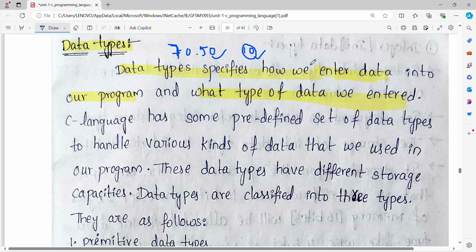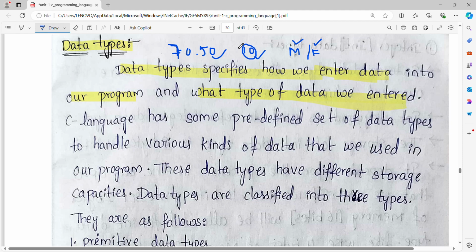Gender, like male, female, these are characters. M is a single character, F is a single character. So these are the different types of data: character, numerical number, and decimal number.